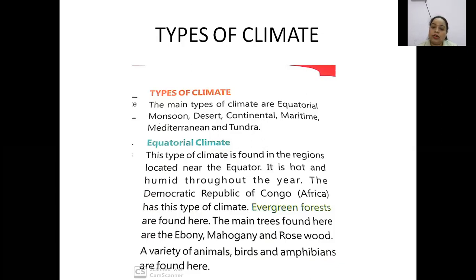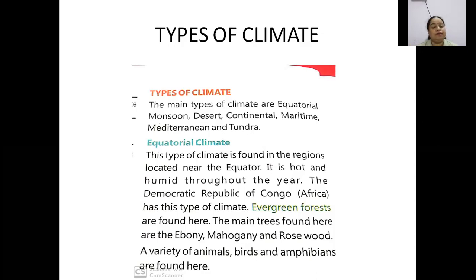But today we will study the types of climate all over the world. Understood what a climate is? Climate is the weather condition which remains the same for about 30 to 40 years. Then only we calculate the climate of a place. So it is the same throughout the year for about 30 to 40 years. So we will study the types of climate.